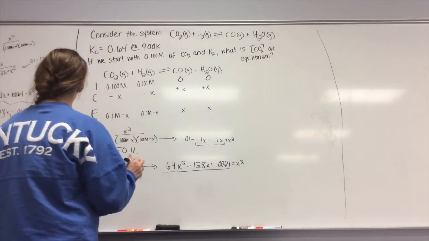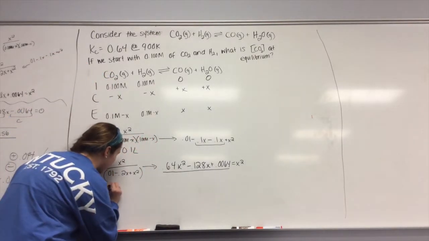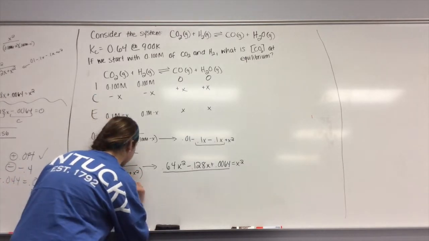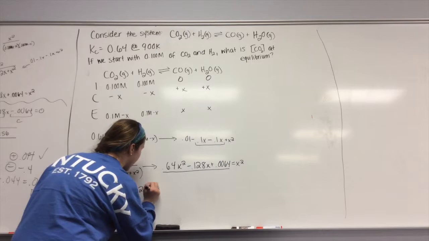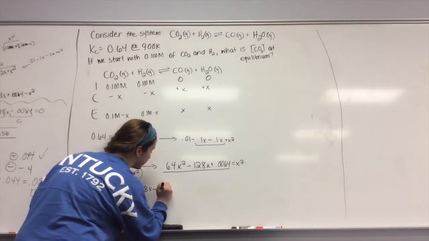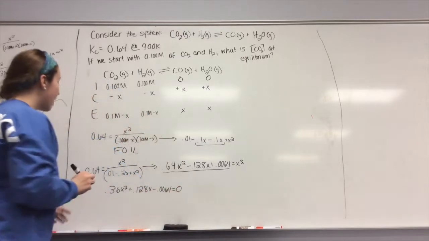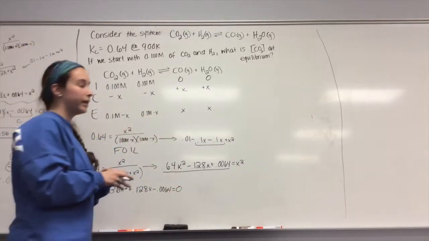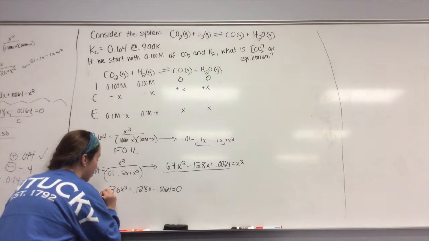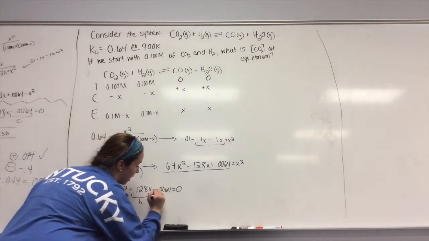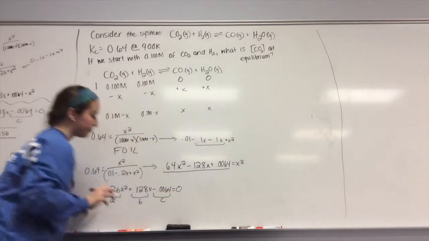And so when we do that, we get 0.36 x squared plus 0.128x minus 0.0064 is equal to 0. And so these are the values that we will be plugging into the quadratic formula. This is the A value, this is B, and that's our C value.